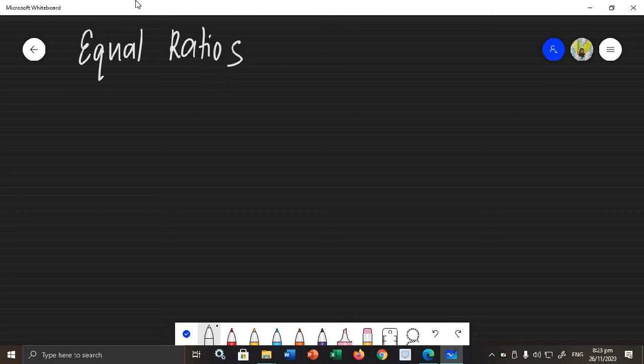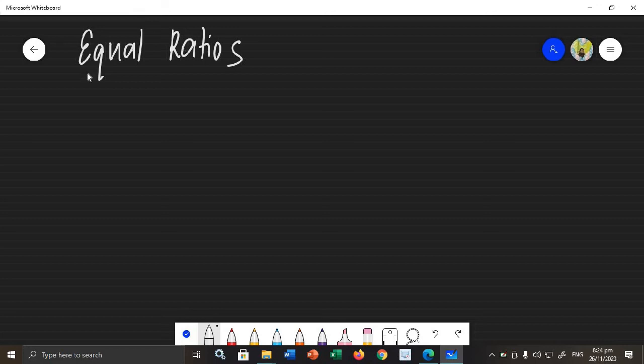Okay? So, sabi sa module ninyo, the two ratios are equal provided that they have the same value. So, for you to know if the two ratios have the same value, you need to get their lowest term. So, kapag after nyo siya ni lowest term, same yung nakuha nyong value, therefore, the given ratios are equal.